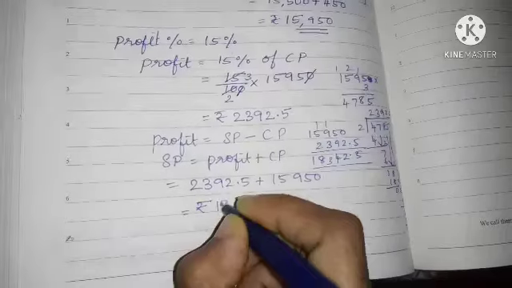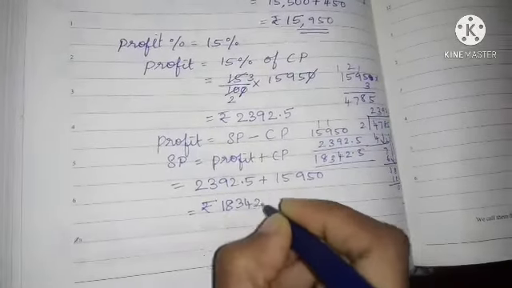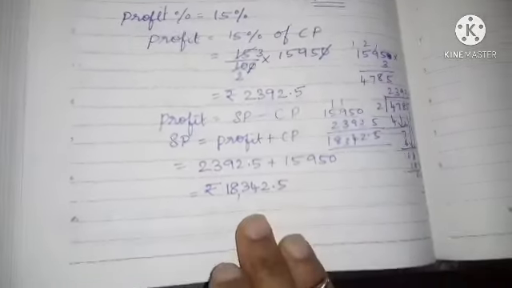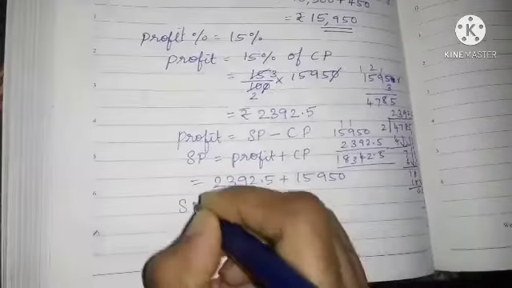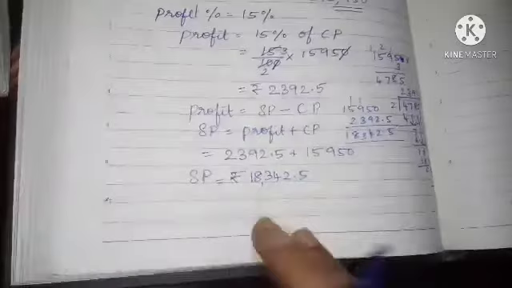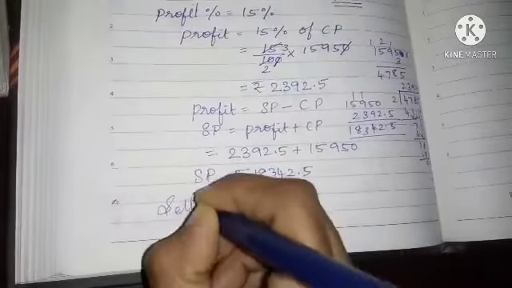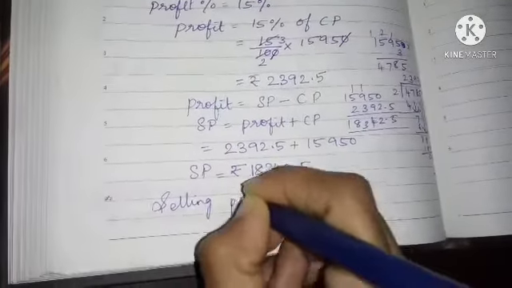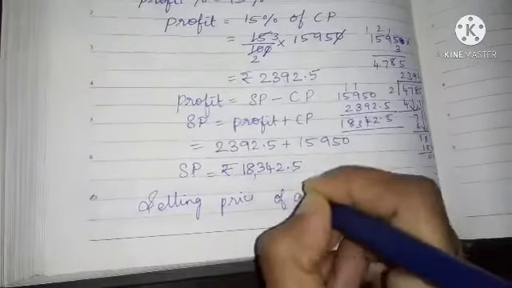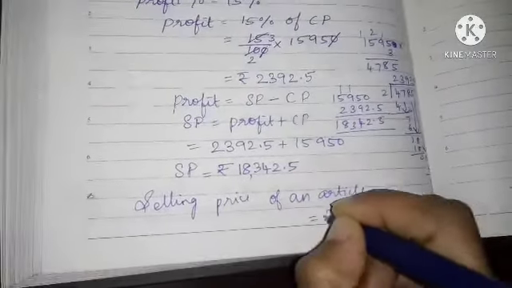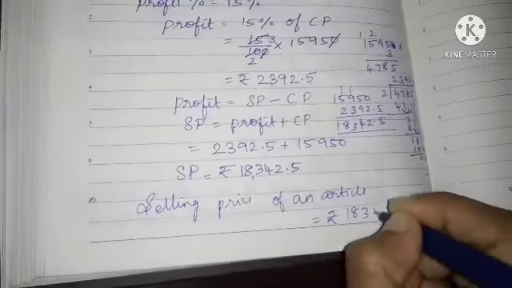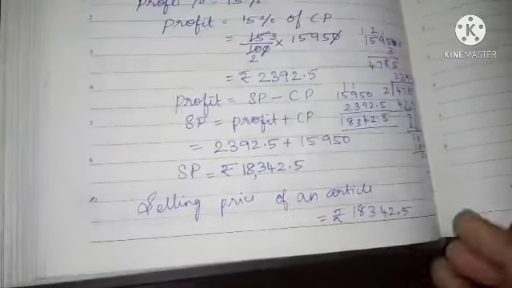Rupees 18,342.5, which means 18,342.5 rupees is considered as the selling price of an article. So we are taking the selling price of an article is equal to rupees 18,342.5. Okay.